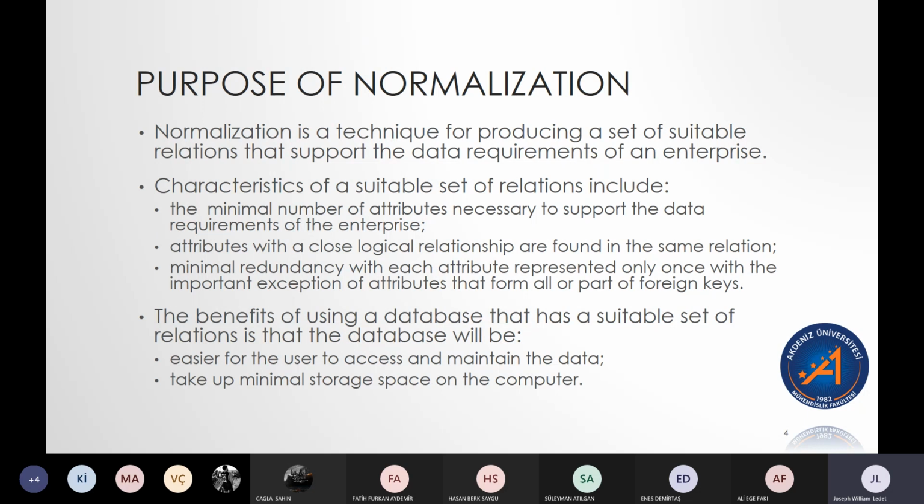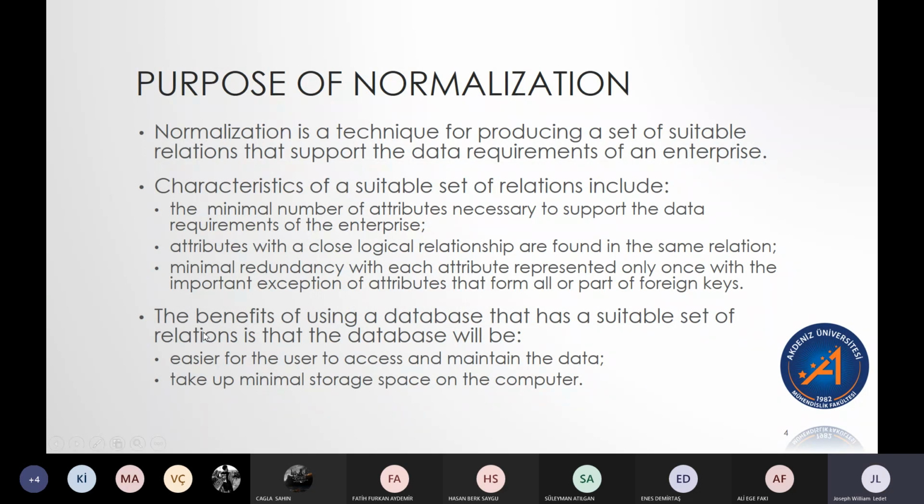Based on the relationships that exist between each attribute, we come up with a set of tables, a set of relations or entities, that will help us more accurately represent how the data should be grouped, if you will. Okay.